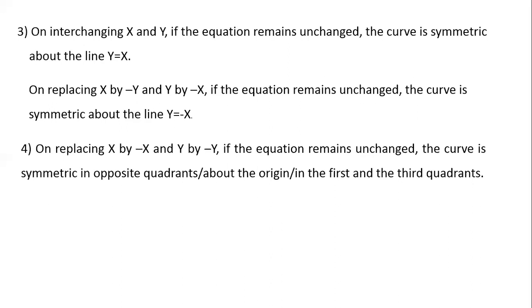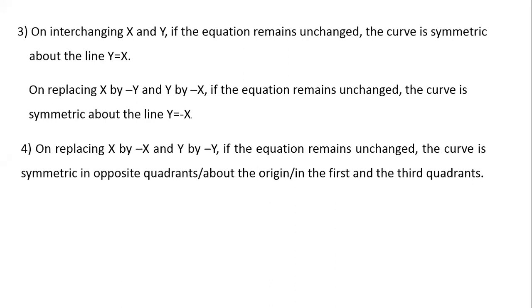Similarly, property 2, which we had said, if the equation contains only even powers of x, the curve is symmetric about the y-axis. Instead of that, we could say that on replacing every x by minus x, if the equation remains unchanged, then the curve is symmetric about the y-axis.